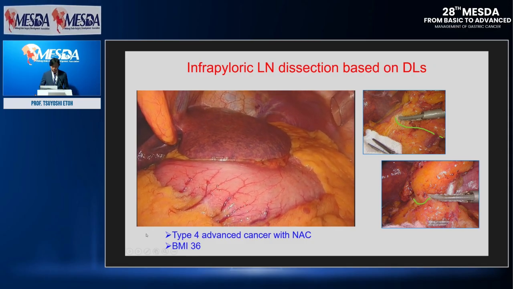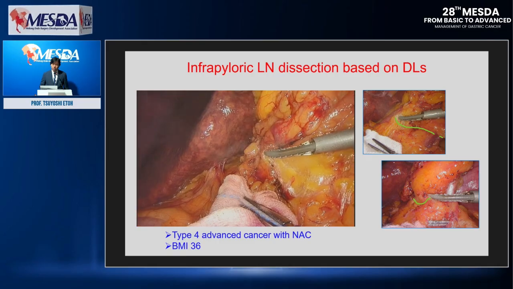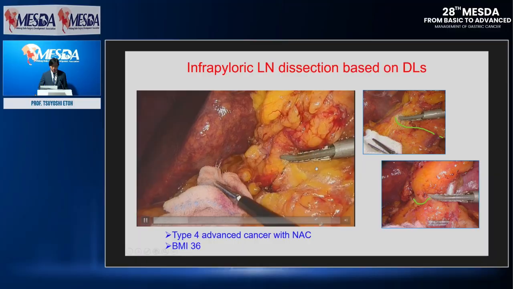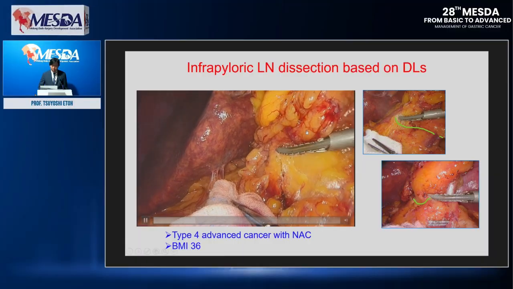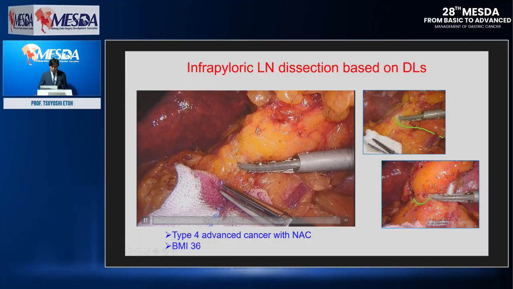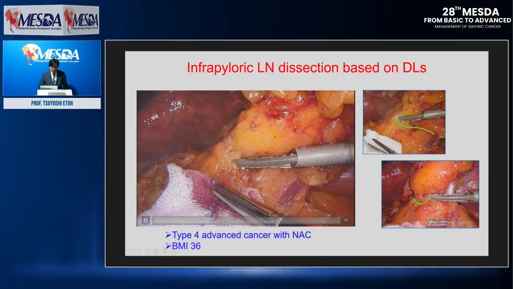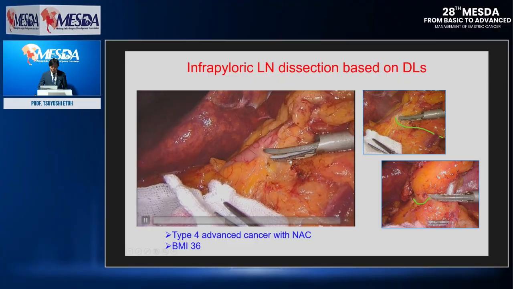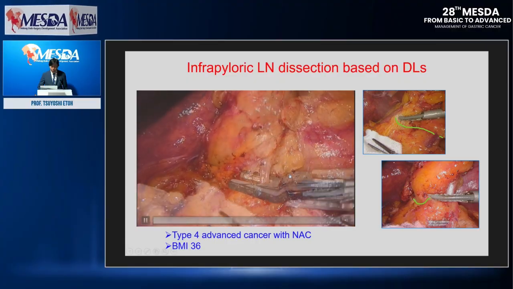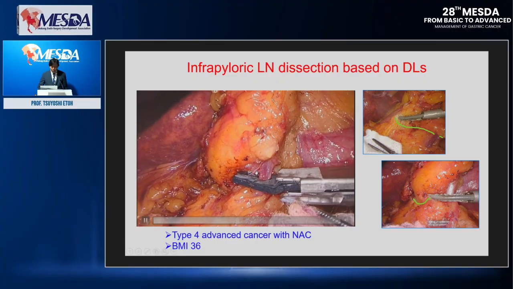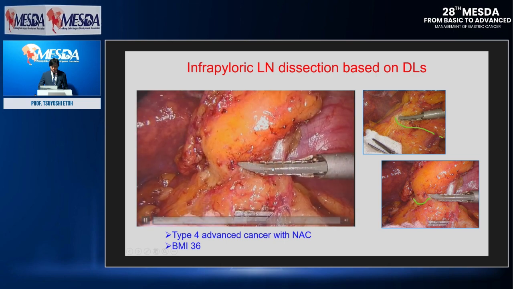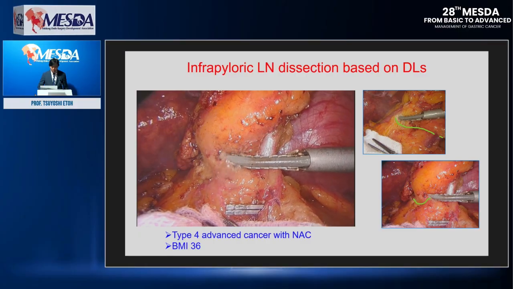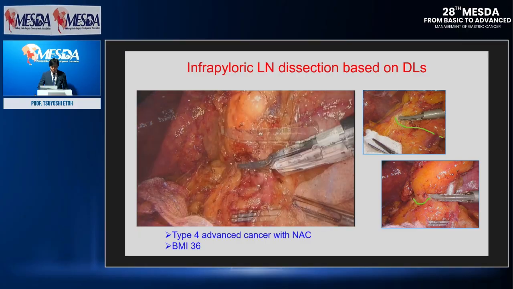This case is a type 4 advanced cancer with neoadjuvant chemotherapy and a BMI of 36. So you can see the blue river here. That's a very fat patient. You can see the shallow depression between the pancreas and the gastric mesenterium. We name it the dimpling line, DMP. After that, the right epigastric vein is exposed and cut. And then I move to the procedure.